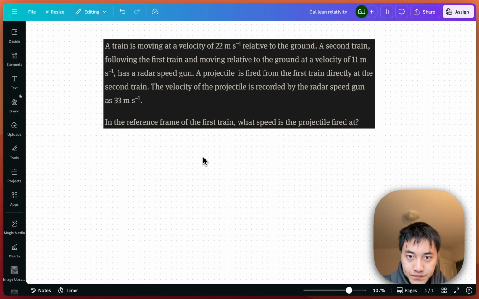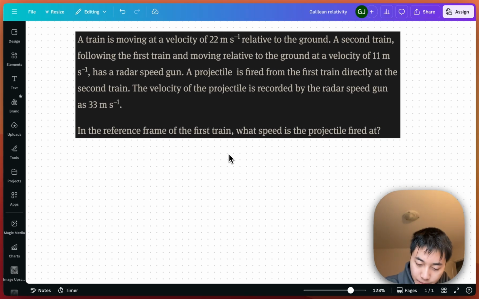Okay, seems very convoluted, but we just need to draw it down, illustrate it. So there's a train moving at a velocity of 22 meters per second.